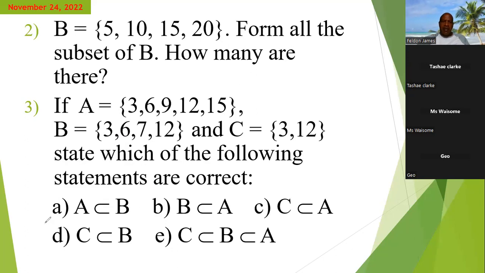So these are the statements here. Statement 1 would be A is a subset of B. Looking at the diagram, would you say that this one is true or false? False. All right, so this one would be false.